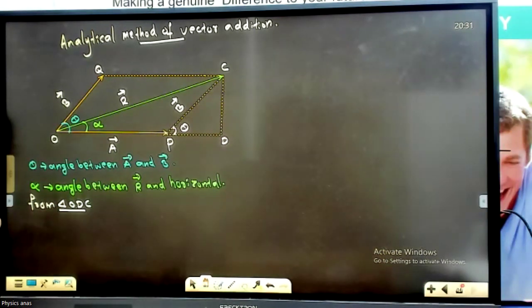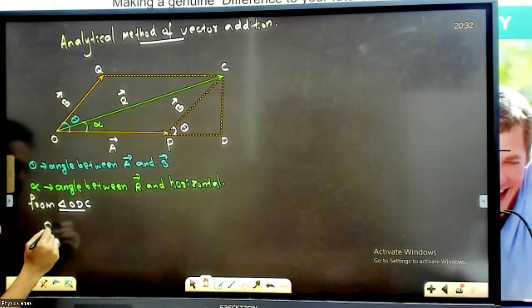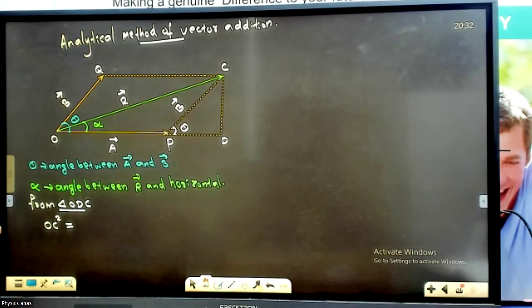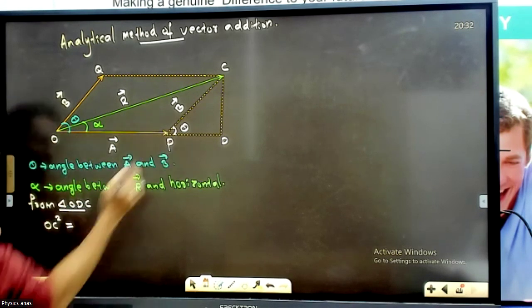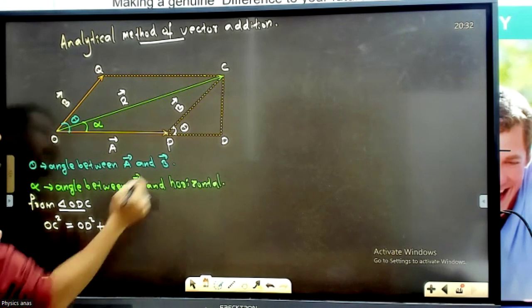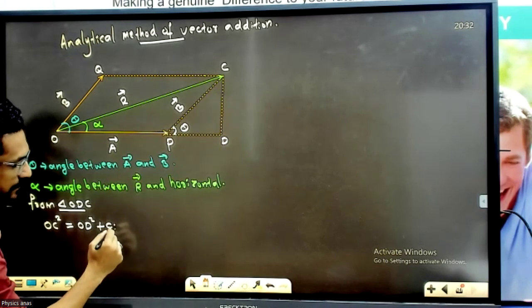What is Pythagoras theorem? Hypotenuse square will be equal to base square plus vertical square. Then what is the hypotenuse? OC. OC square is equal to OD square plus CD square.